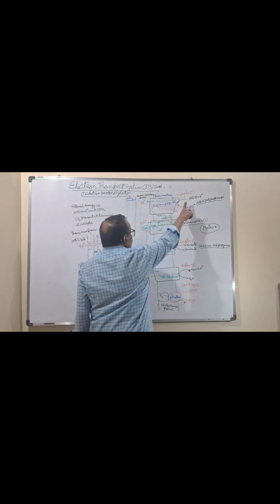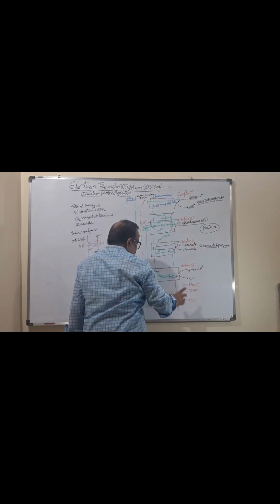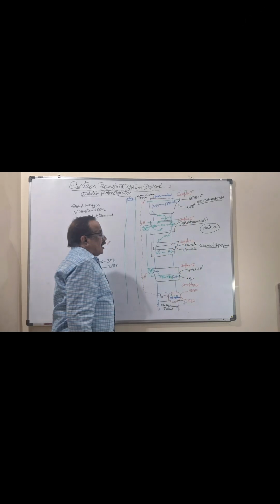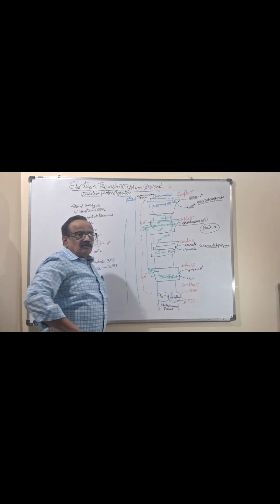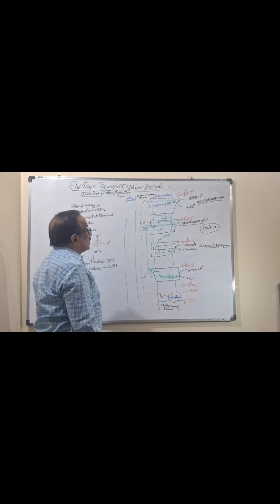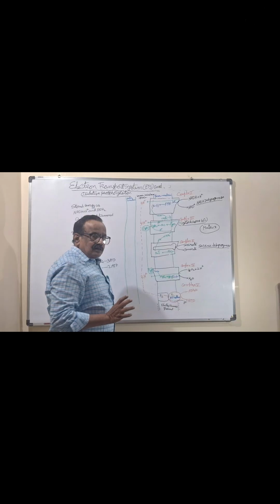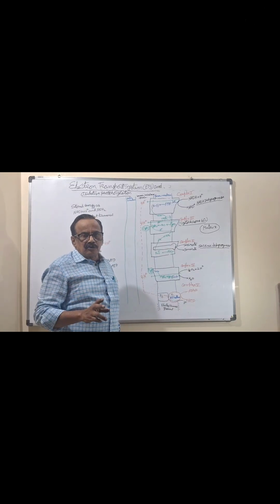They are complex number 1, 2, 3, 4, and 5. Out of these five complexes, complex number 5 will be used for the ATP synthesis. Only the four complexes are used for the electron transport.